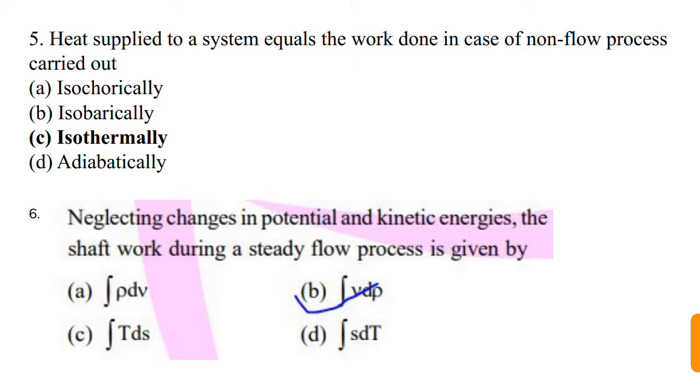And after this, in question number 5 they are asking, heat supplied to a system equals the work done in case of which non-flow process.